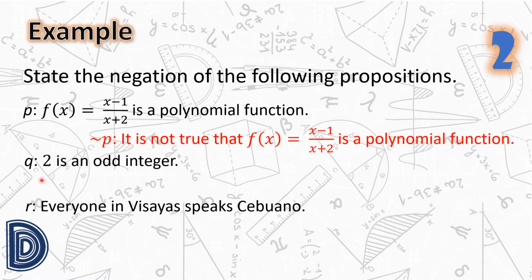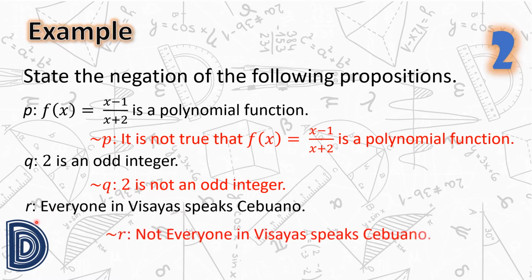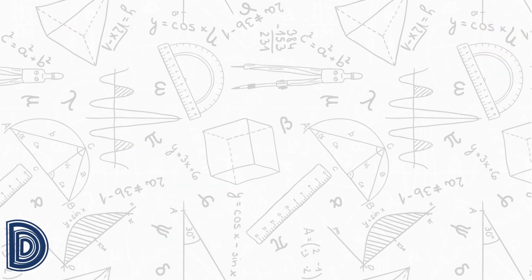Let us proceed to proposition Q. Proposition not Q: 2 is not an odd integer. Proposition not R: not everyone in Visayas speaks Cebuano. Okay, let us proceed to the next one.